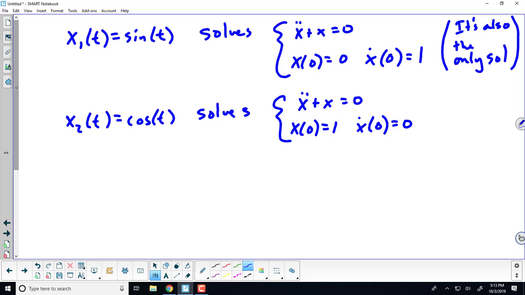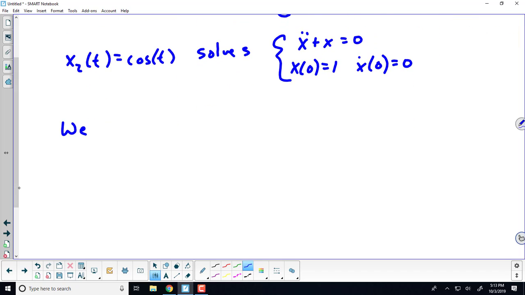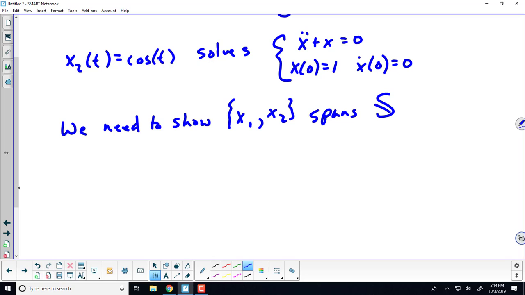So we need to show that this set, x1, x2, spans the space of solutions. That's the first thing we have to show. If I've got a pair of vectors and I'm claiming that they're a basis for the entire vector space, I need to show that one, you can get to all other vectors from there. So it spans the entire space. And what's the second thing?